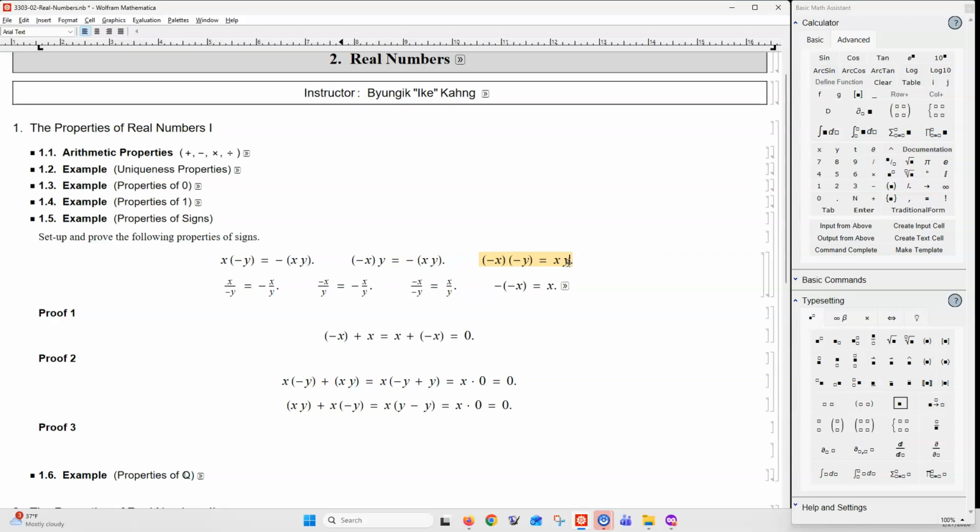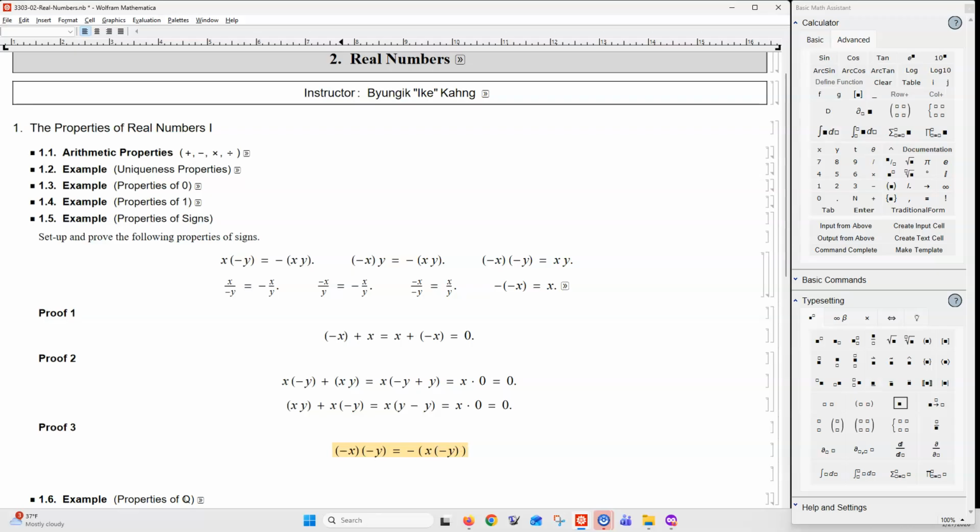Okay, how about this one? What do we have to prove? Okay, starting from the left hand side, that's negative of x times negative y, isn't it?